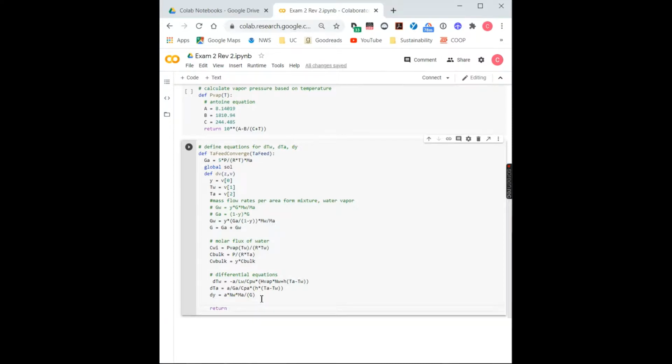So then, this vector v, when we run this code using this function, will return the values for dTW, dTA, and dBOR.